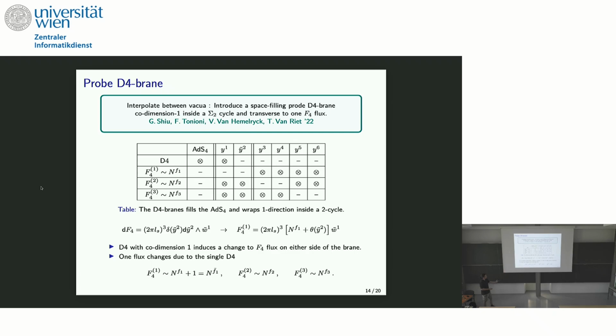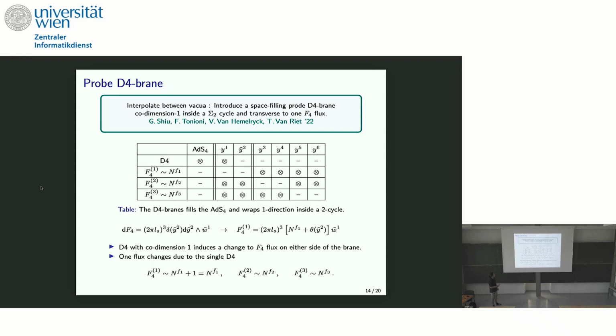But if somebody writes down the equations of motion, like this, one can see that this is a Heaviside function, so it takes values 0 and 1. When you cross this point here, this can be either 0 or 1, which means there is actually a difference to the flux on either side of the brane.